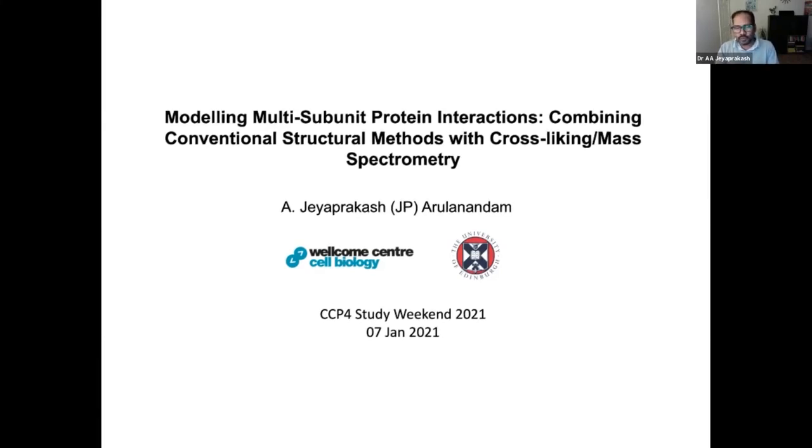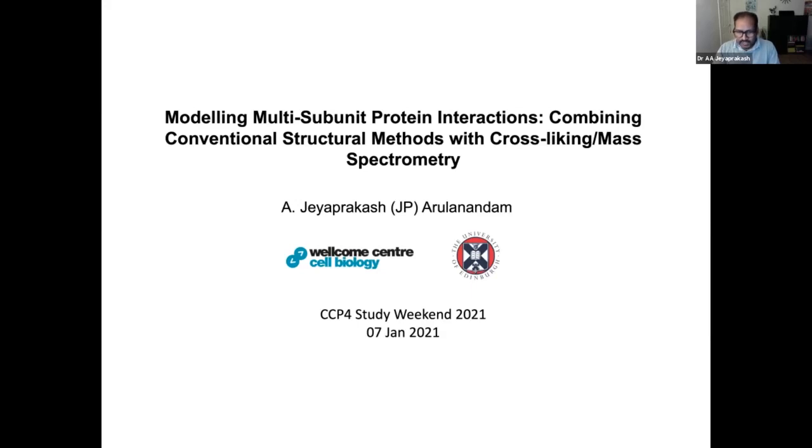I'll give an overview of the workflow involved in cross-linking mass spectrometry, and during the later part of my presentation, I'll give two examples from our own work to demonstrate how we combine cross-linking mass spectrometry data with structural data from crystallography and biochemistry to address important biological questions.